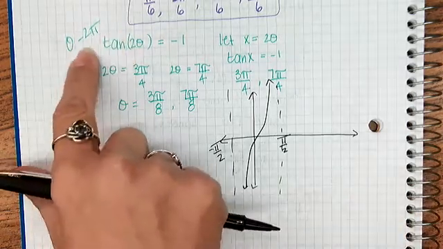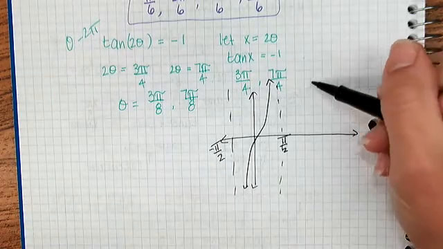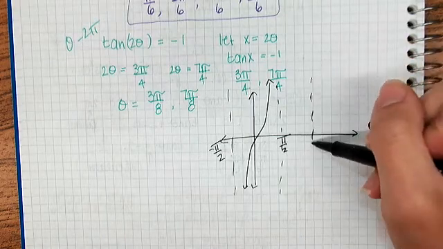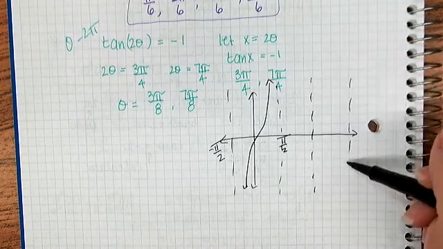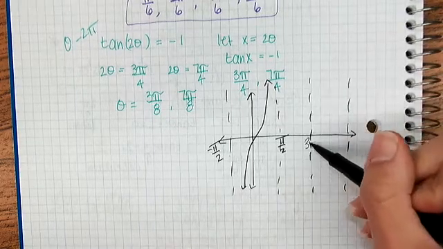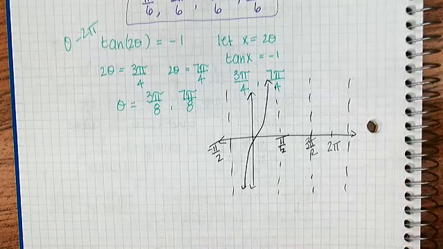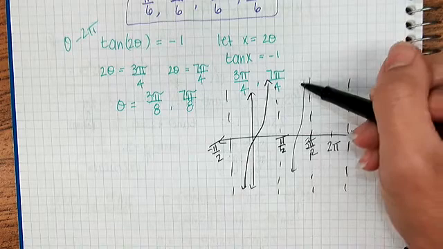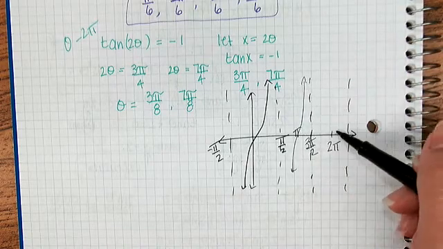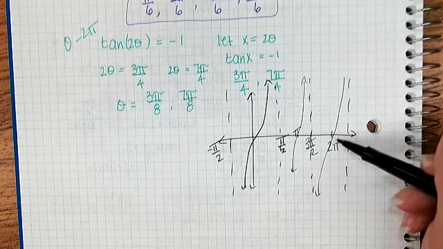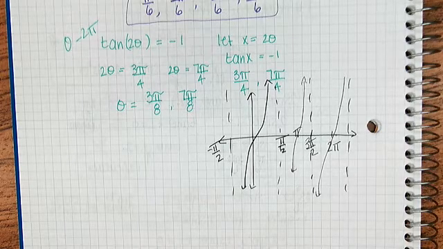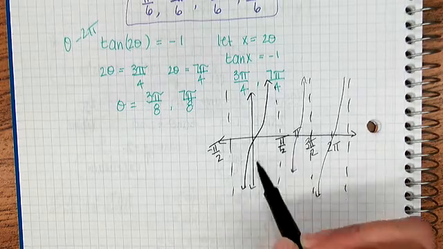But I want to solve this from 0 to 2 pi. Pi over 2, this is pi, up to 2 pi. Okay. So I want the tangent to be -1. Tangent is -1 down here somewhere.